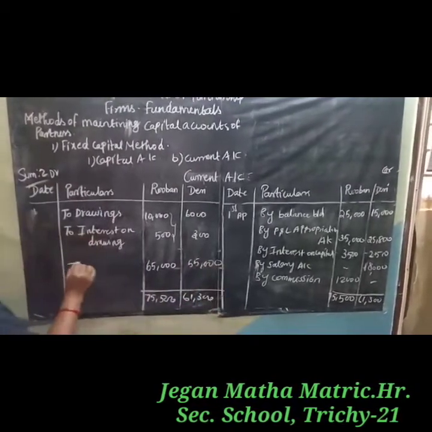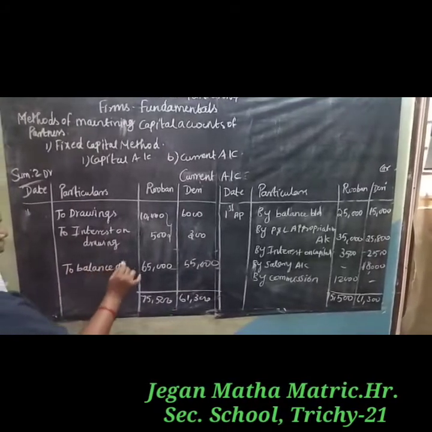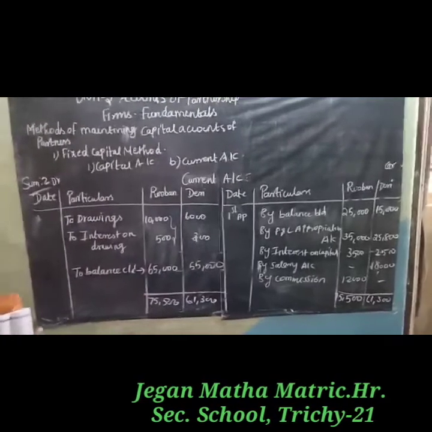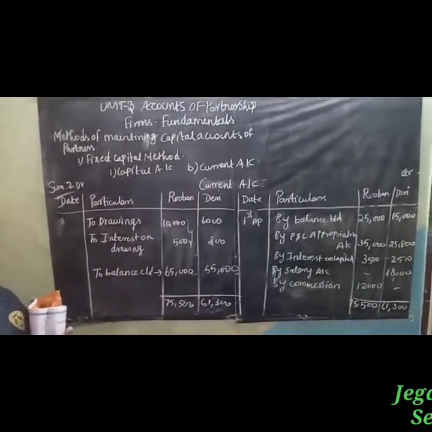So to balance c/d 65,000 and 55,000. The current account balance is 65,000 and 55,000.